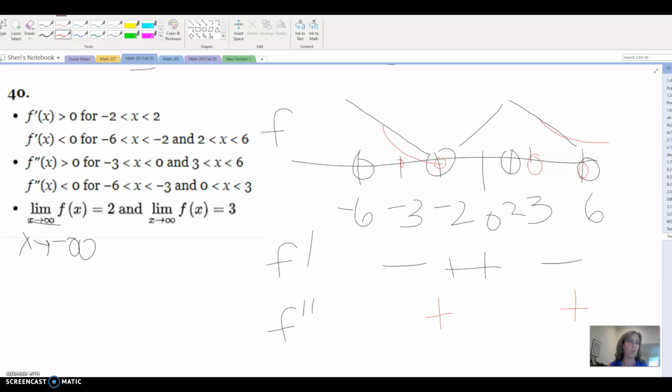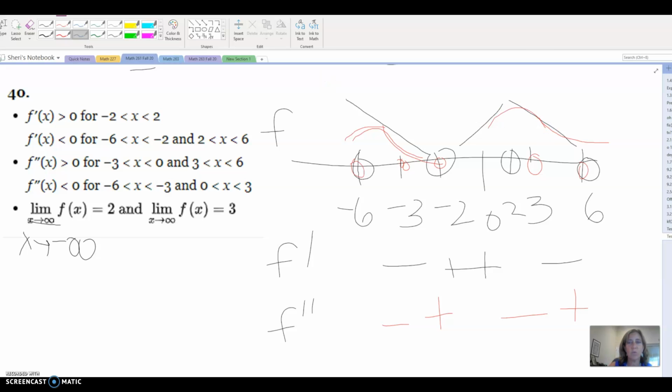Now between -6 and -3, my second derivative is negative. So here, my function is concave down. It's going to be concave down until we get to -3, and then it's going to turn concave up. And then between 0 and 3, again, my second derivative is negative, which means my function between 0 and 3 should be concave down.